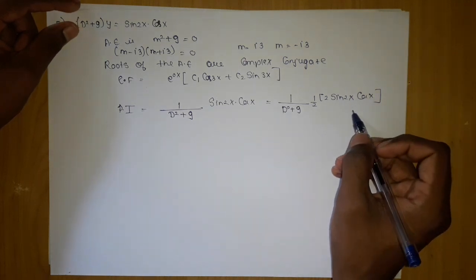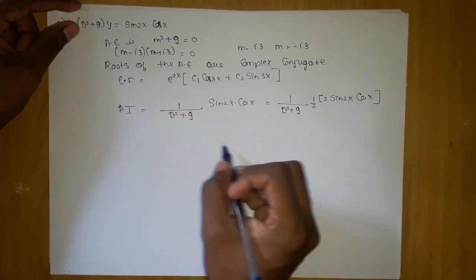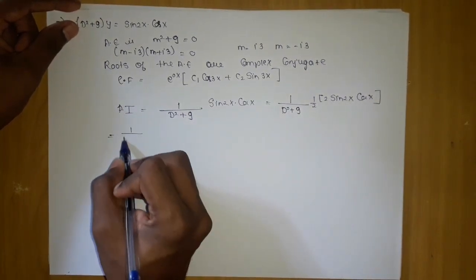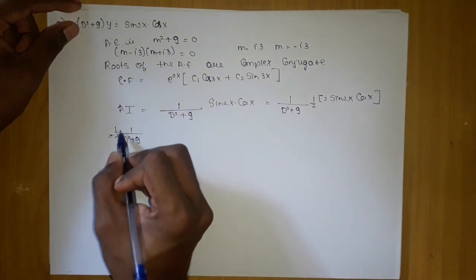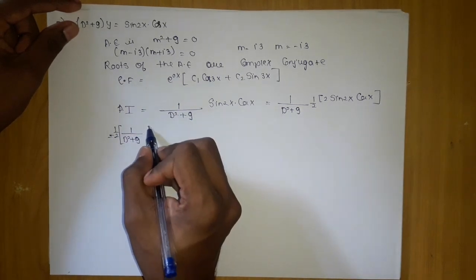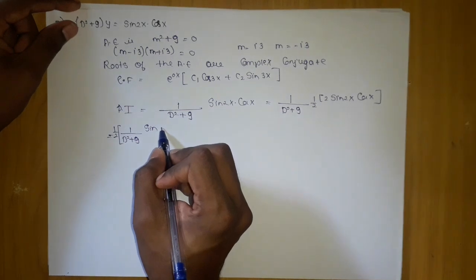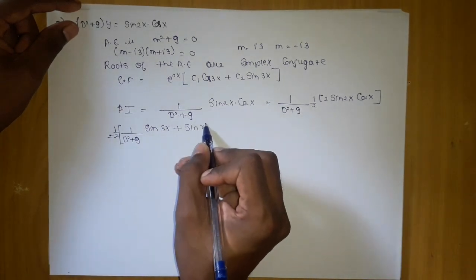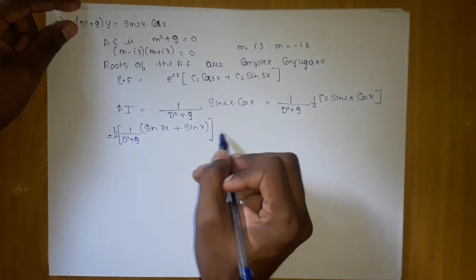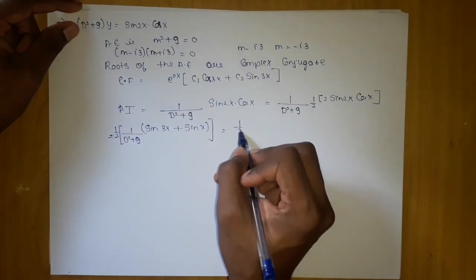So what we are going to get is finally 1 by D square plus 9 into 1 by 2, which we keep outside, and here we are going to get sin(2x plus x), that is sin 3x, plus sin(2x minus 3x)... sorry, sin(2x minus x), that is sin x. This will multiply with each of them.